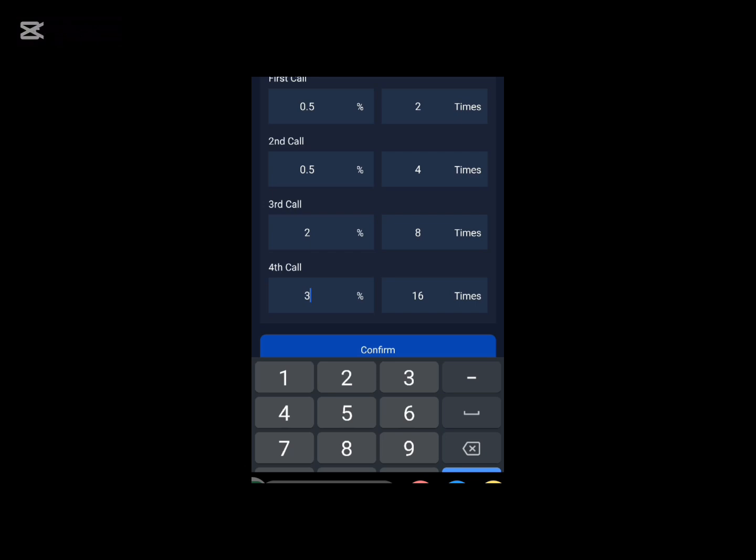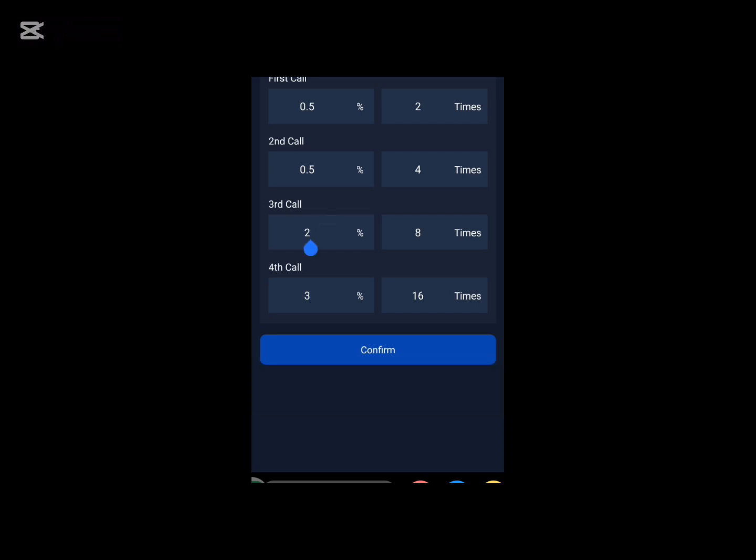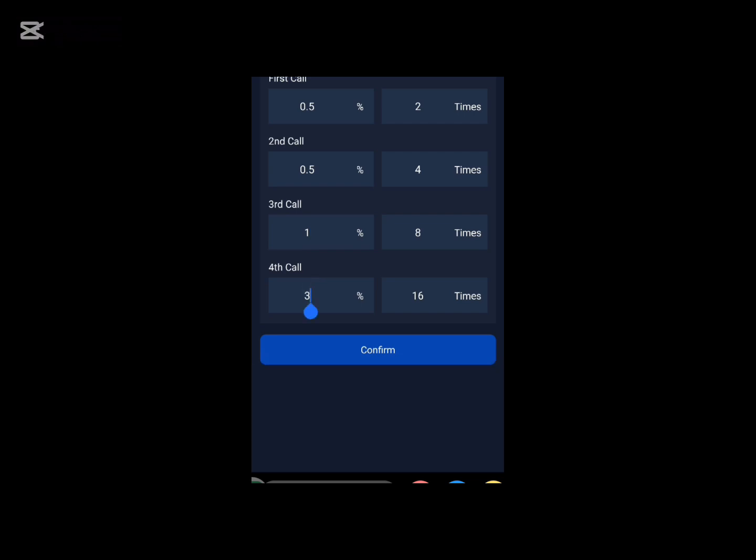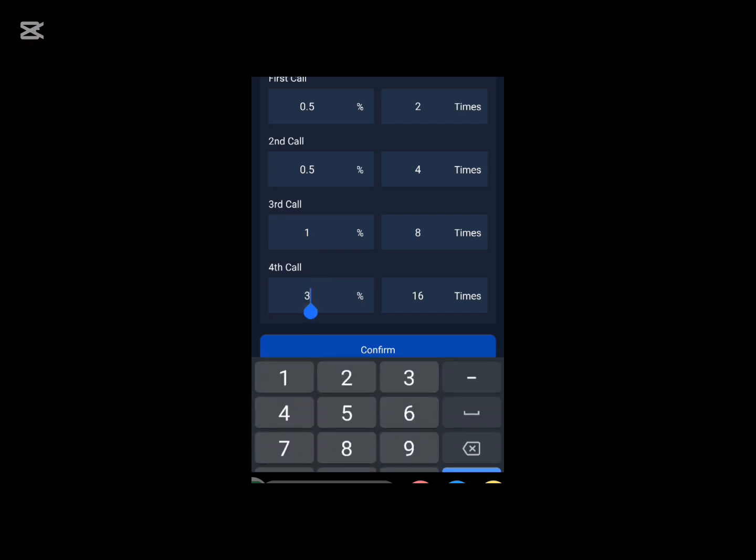And the same thing can also be applied to $100 capital, $200 capital, $500 capital. Well, this just follows the normal procedure. But you can start from 1%, then 2, the next one will be 3, 4, 5, 6, like that.